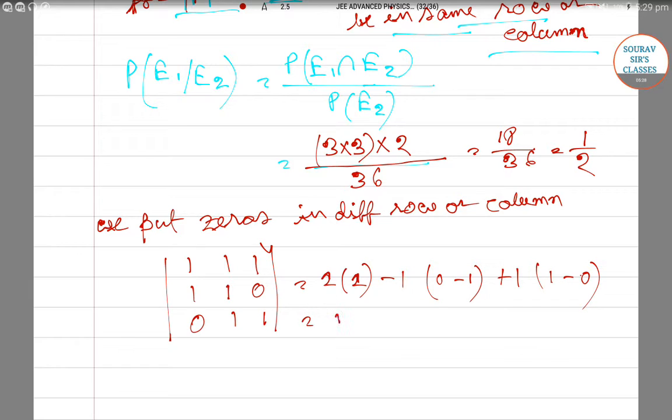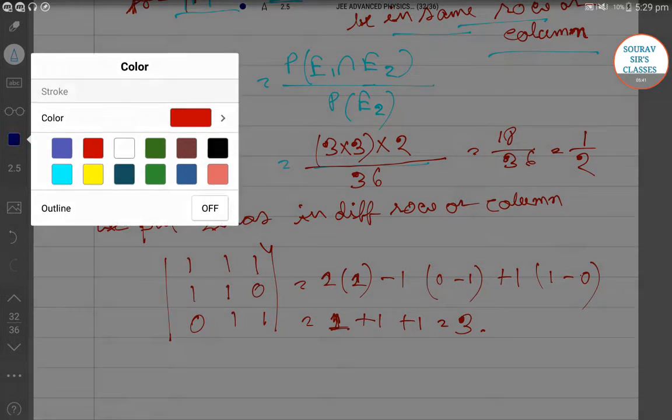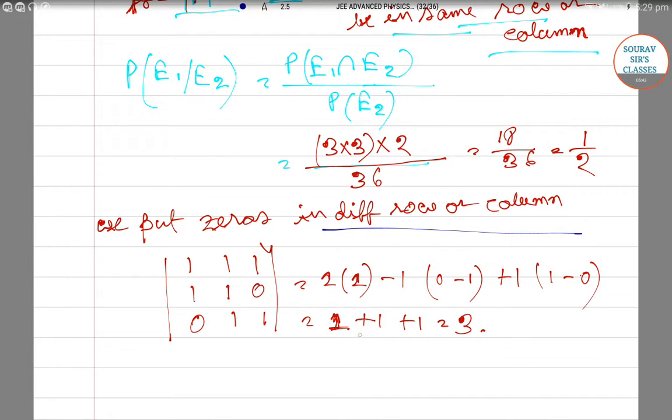So this equals 1 plus 1 plus 1, which is 3. If we put the zeros in different rows or columns, the determinant is 3. So here the probability of E1 over E2 is half. This is the correct answer for this question.